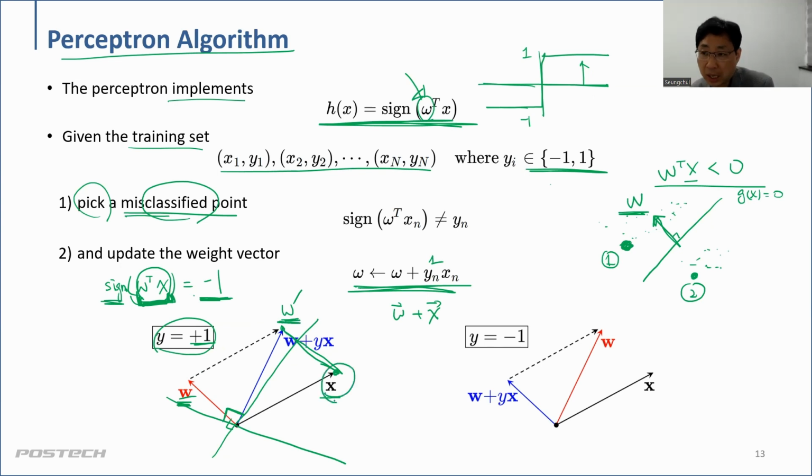Now looking at the x on the same side, it's positive. Omega prime transpose x is positive, so it's going to give us y equal to +1.